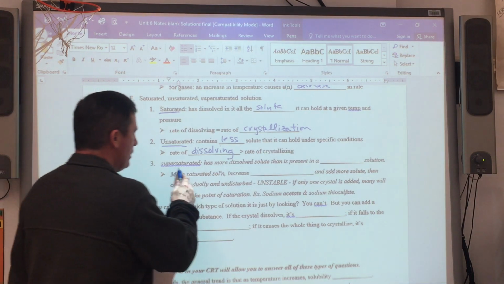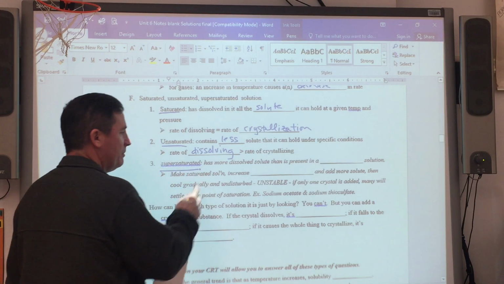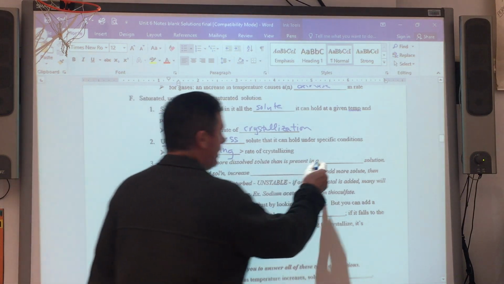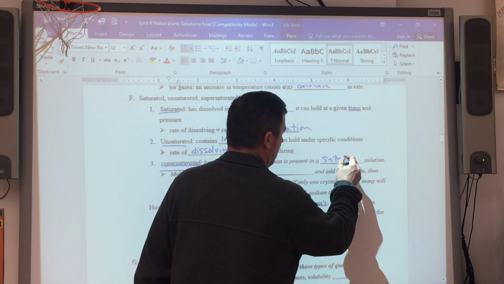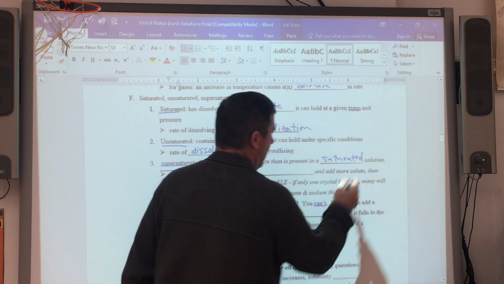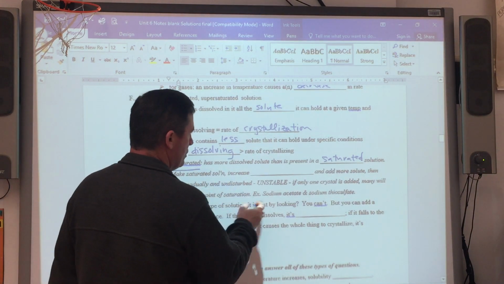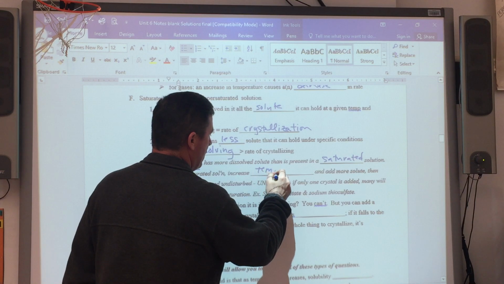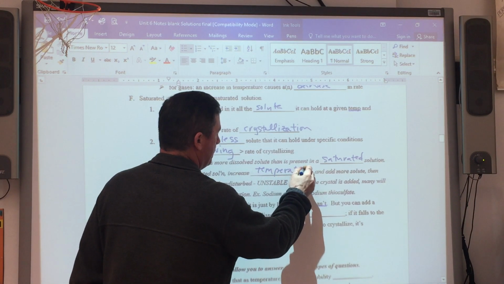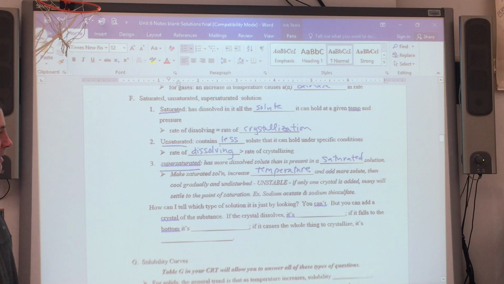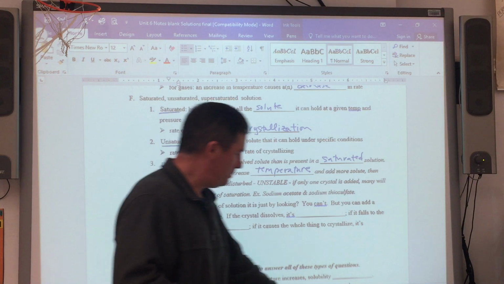And lastly, supersaturated. In this case, you have more dissolved solute than is present in a saturated solution. Well, how can you do that? Well, you make a saturated solution, and then you increase the temperature. Then add more solute, then cool it gradually, and be careful.